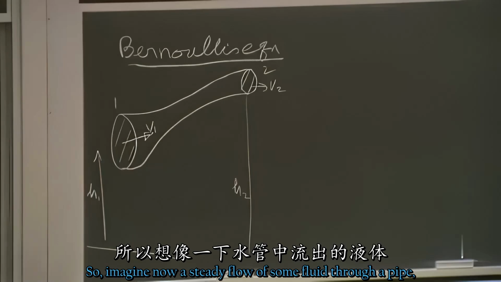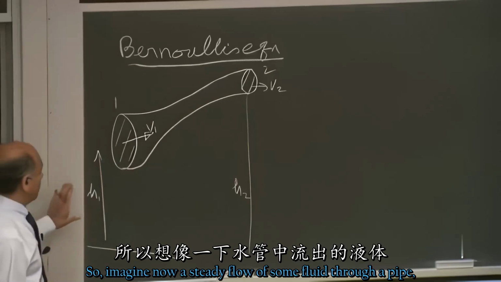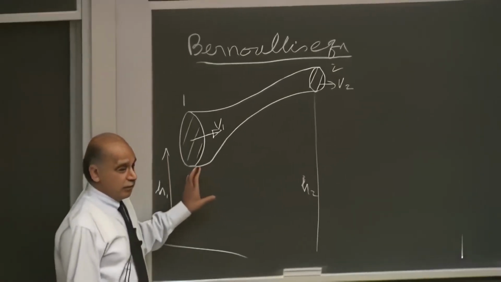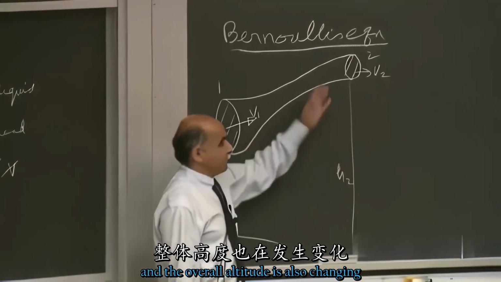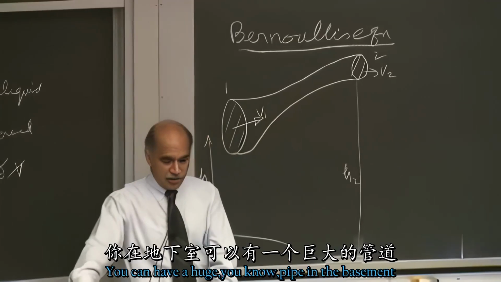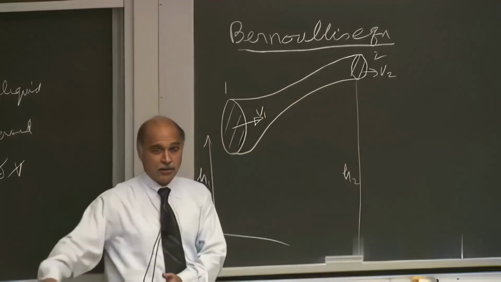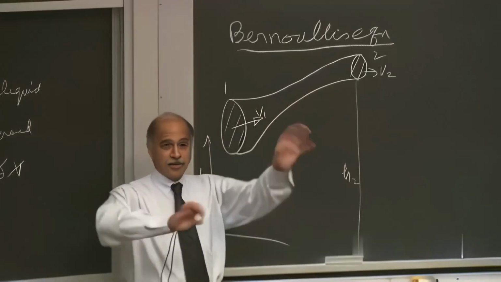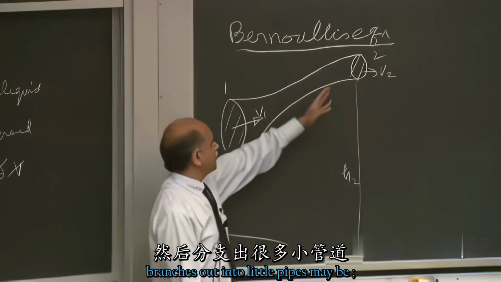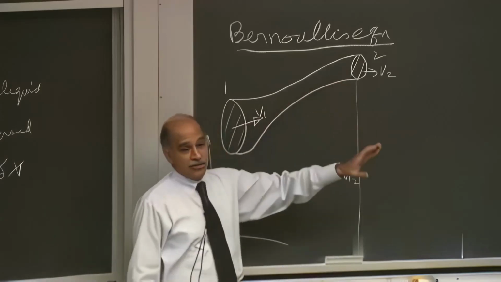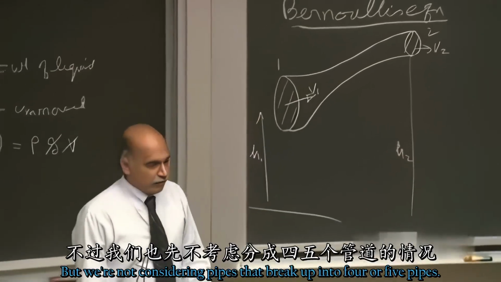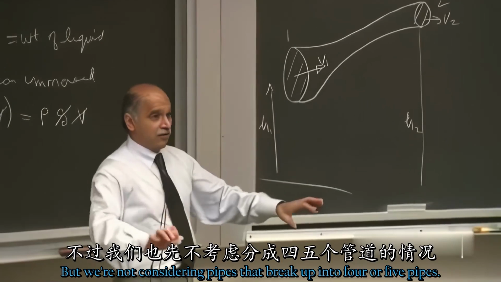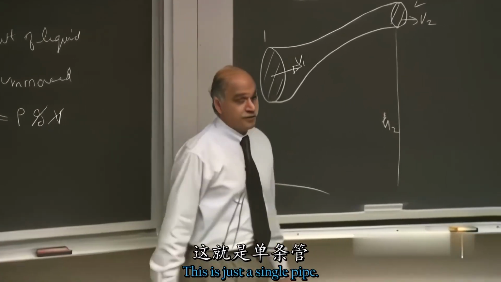So imagine now a steady flow of some fluid through a pipe whose area or cross-section is changing, and the overall altitude is also changing. You can have a huge pipe in the basement where the whole supply to the house comes, branches out into little pipes maybe. This could be the pipe in the attic. Small cross-section possibly at a bigger height, doesn't matter. But we're not considering pipes that break up into 4 or 5 pipes. This is just a single pipe.